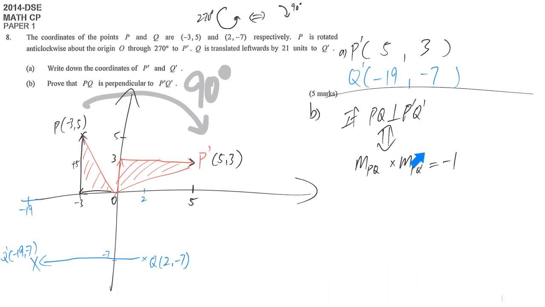Or in reverse, if you can prove that their slope product equals -1, then you can claim that they are perpendicular. So now we are working on this product and check whether it is really equal to -1. Write down the coordinates first in vertical order for easy calculation.